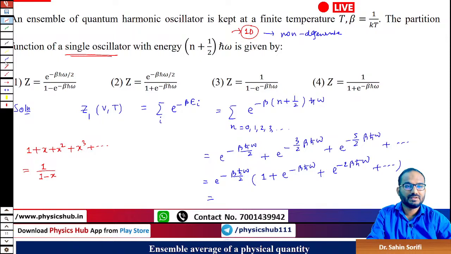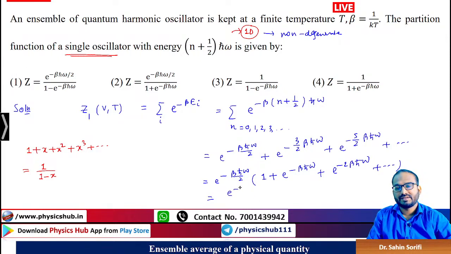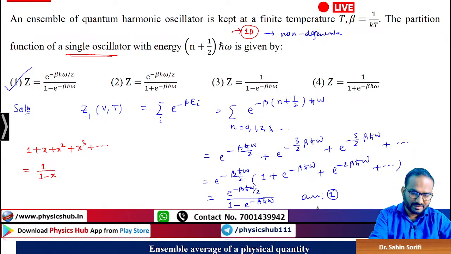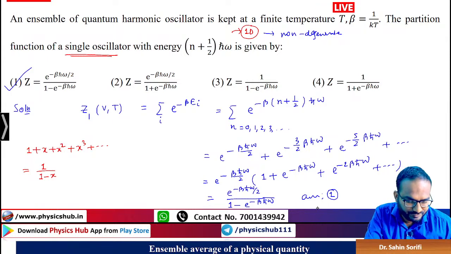So let's use this formula here. e to the power minus beta h cut omega upon 2 divided by, it is like 1 plus x plus x square, where x is e to the power minus beta h cut omega, so it is 1 minus e to the power minus beta h cut omega. Which option is it matching with? I think option 1 is matching. Okay, got it. Harry, Murli, Joel, Ajay.